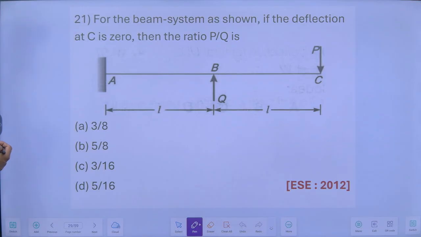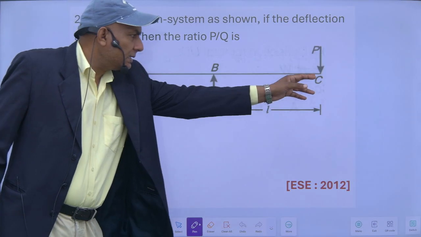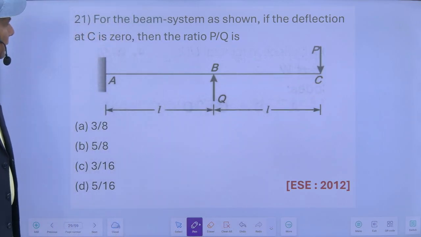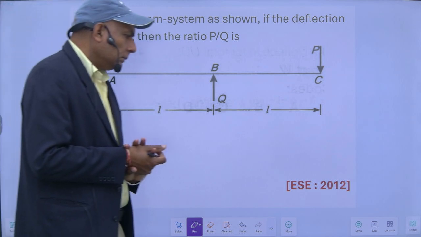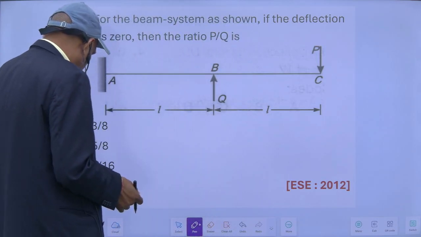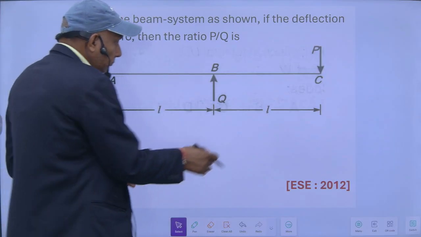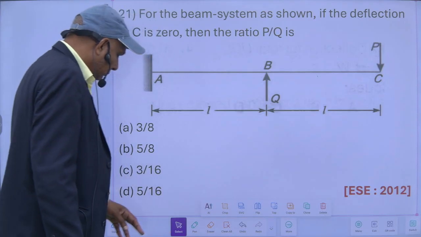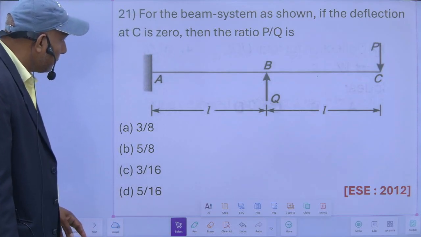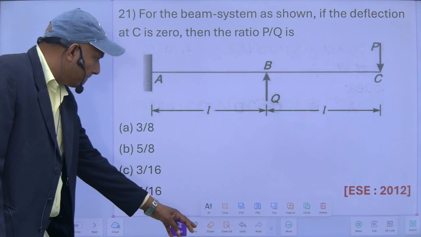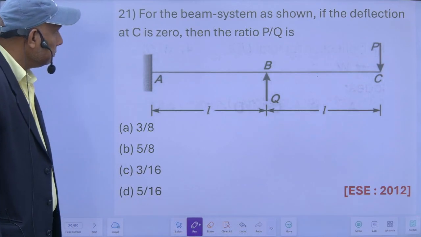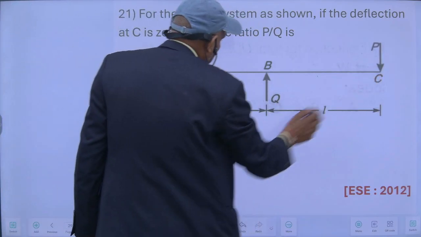For the beam system as shown, if the deflection at C is 0, then the ratio of P upon Q is equal to how much? My net deflection at this point C is 0.